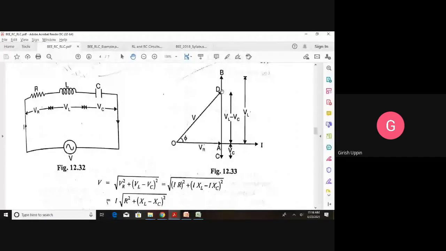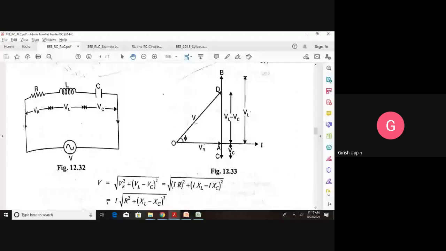Now, this point D. AD is representative of VL minus VC. O is VR. And the phasor sum of VR and VL minus VC is nothing but the applied voltage V. And the angle between OD, that is the applied voltage, and this current, you can see clearly the current is lagging the applied voltage by an angle phi.